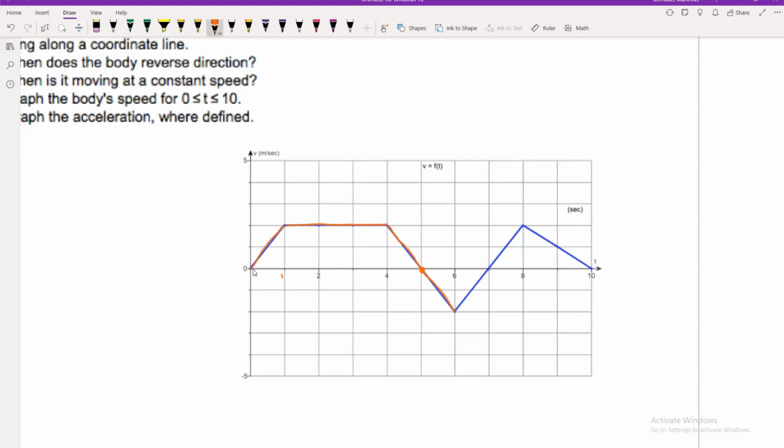Now here on this part, again moving up. At this point when t is 7, our velocity is 0, and now we have a reverse direction from having negative velocity, again changing to positive velocity.